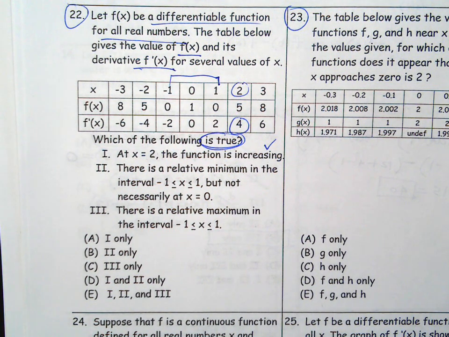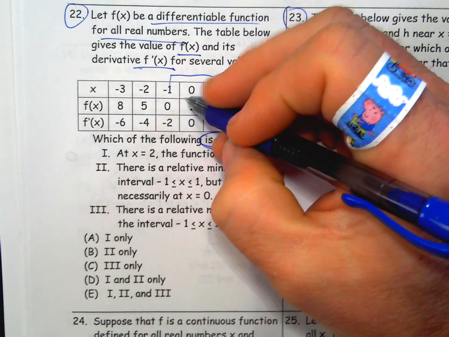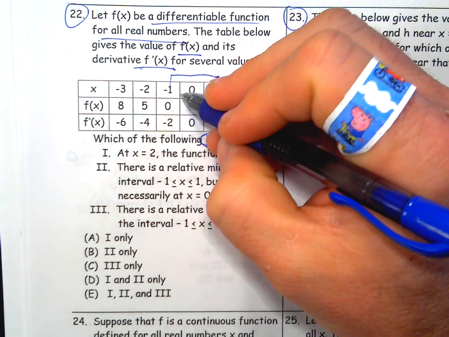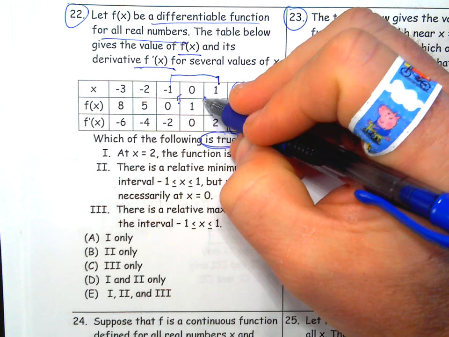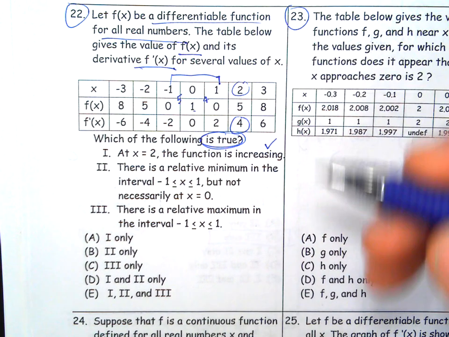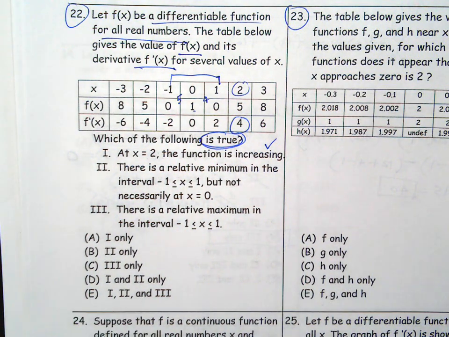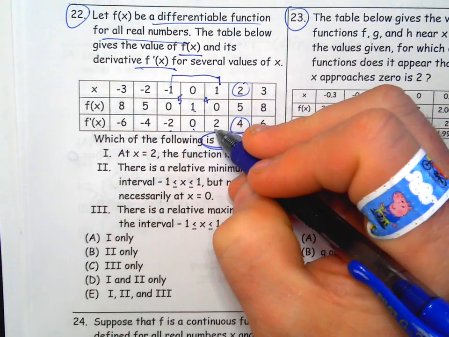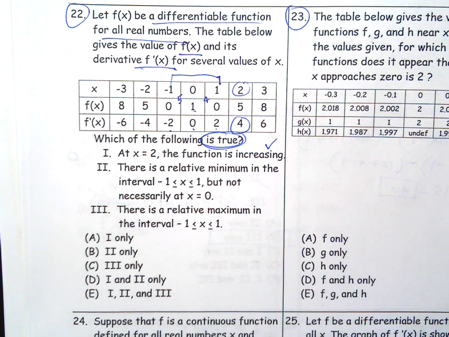But that could be a min, because the graph could go up to 5 and up to 4, and this could be a min. Or it could be somewhere else in between. The fact that the slope is going from negative to 0 to positive, let's see, there could be a relative min, right? But is there for sure a relative min?